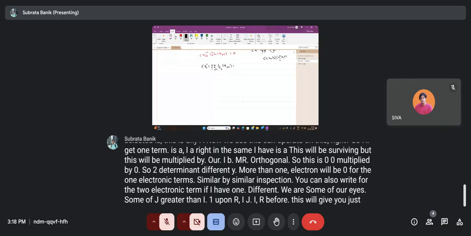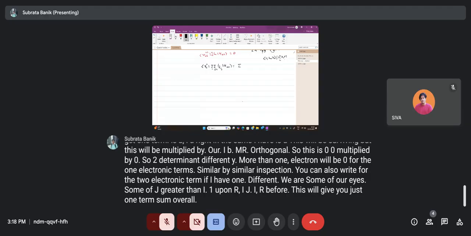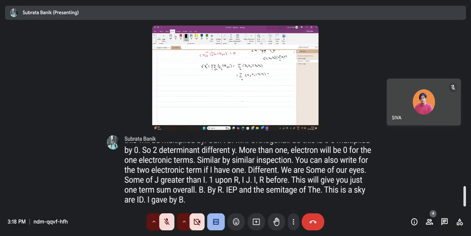This will give you just one term, sum over B of chi_R chi_B antisymmetrized with chi_A chi_B. Sum over B, this is <chi_R chi_B|chi_A chi_B> minus <chi_R chi_B|chi_B chi_A>.